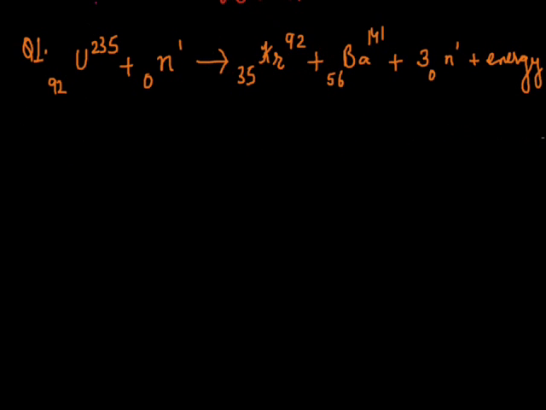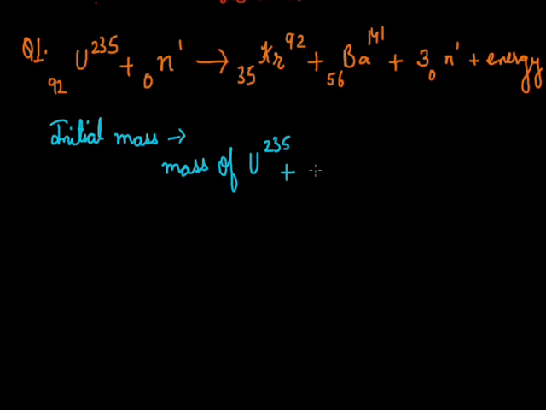So for it, we have to calculate the mass defect. To calculate the mass defect, we have to evaluate the initial mass and the final mass. In the initial mass, we will be calculating the mass of uranium plus the mass of neutron.